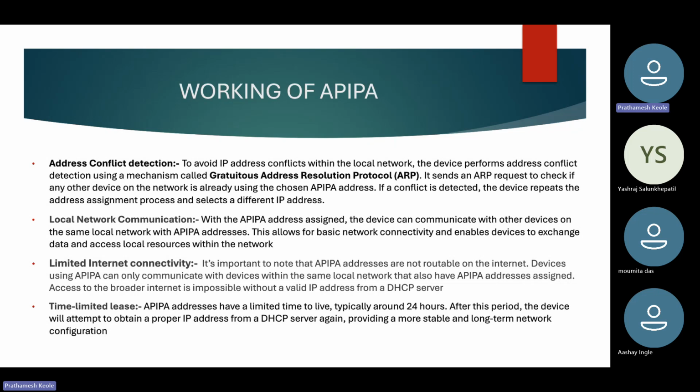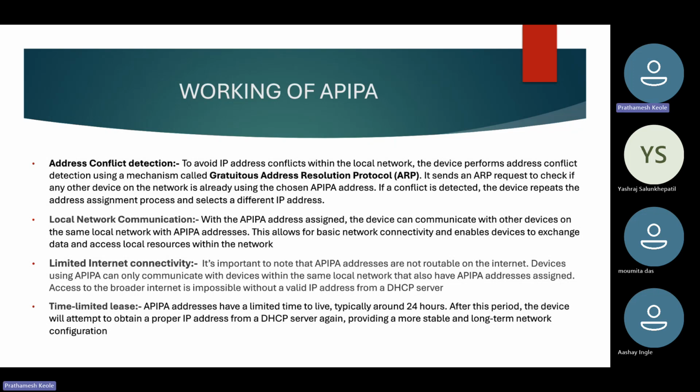Access to the broader internet is possible only through getting a valid IP address from a DHCP server. Then the time limited lease: APIPA addresses have a TTL of only 24 hours. After this period, the device will attempt to obtain a proper IP address from a DHCP server again, providing a more stable and long-term network configuration.